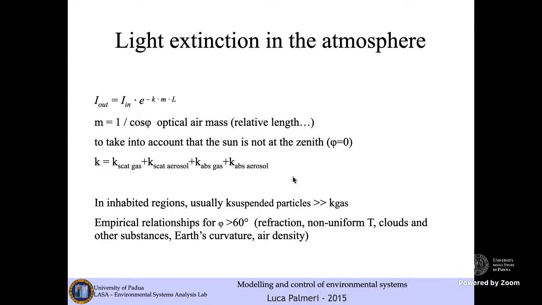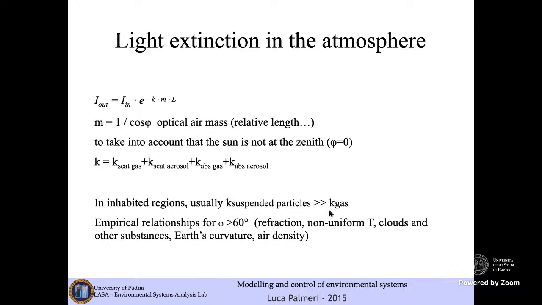This means that in inhabited regions, in which there are anthropogenic activities that, as you know, produce particles and wastes that are emitted into the atmosphere, the extinction effect due to suspended particles is largely more important than the extinction effect due to the atmospheric gases. We say this by saying that the K of suspended particles is in general larger than the absorption coefficient K due to gases.